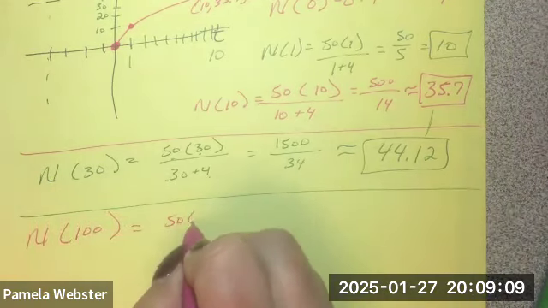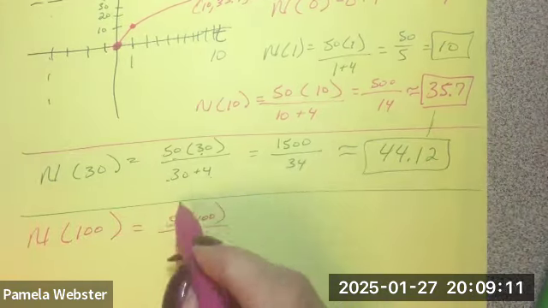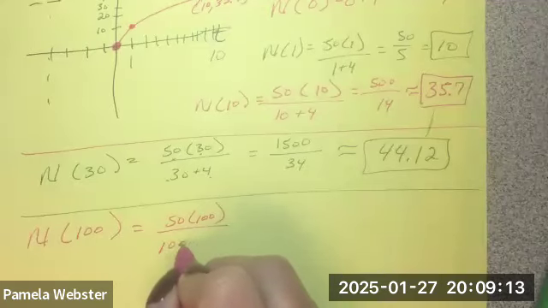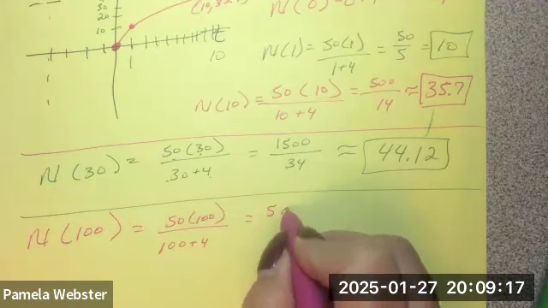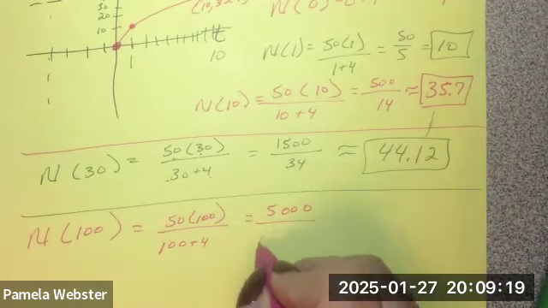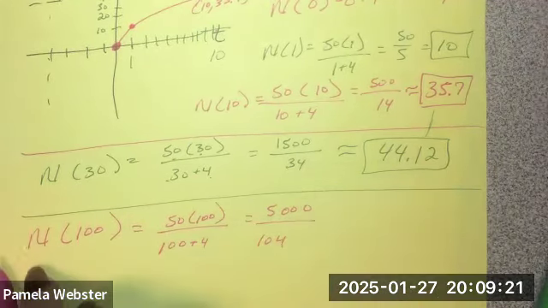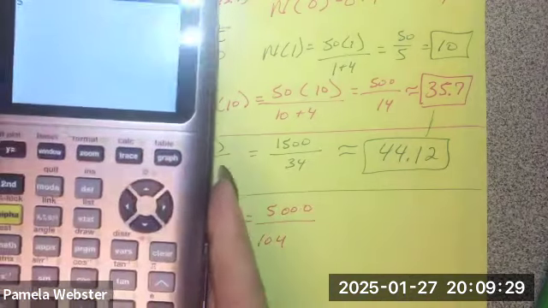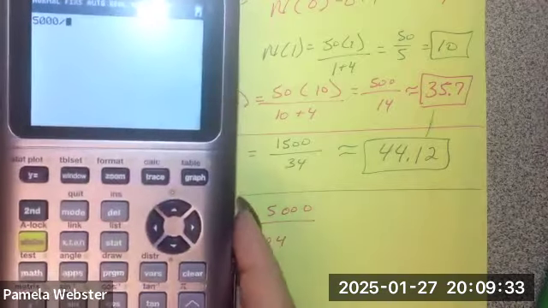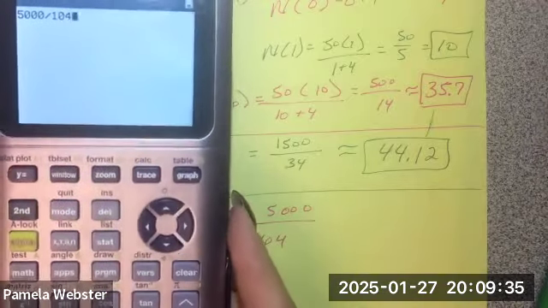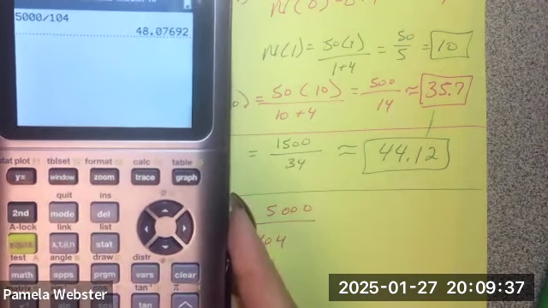Let's see. 50 times 100 divided by 100 plus 4, right? So this is 5,000 divided by 104. 48.